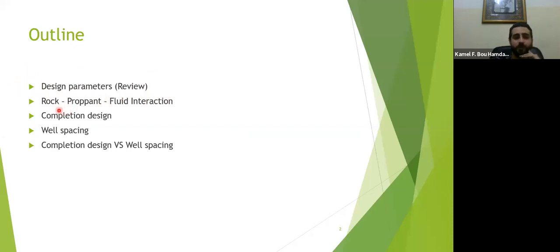After that, we are going to talk about the completion design, where we will talk about other terms like stress shadowing. After that, we are going to cover the well spacing. So what's going to be the best location to place our well? We are going to cover this, and we are going to introduce new terms also. And finally, we are going to make a comparison or a relation between completion design and well spacing.